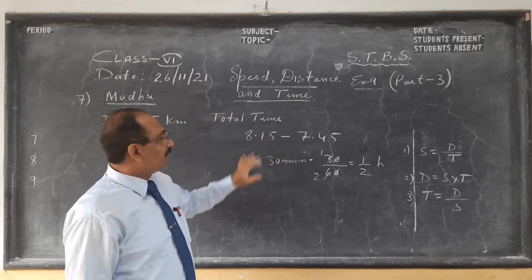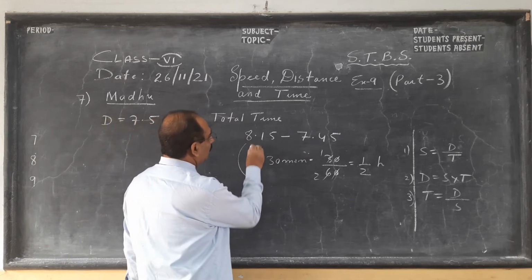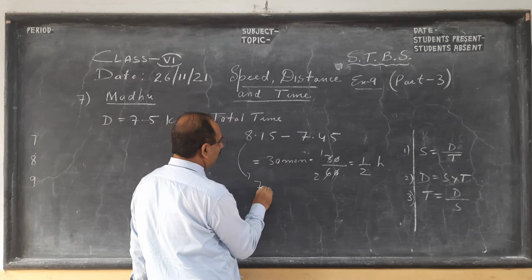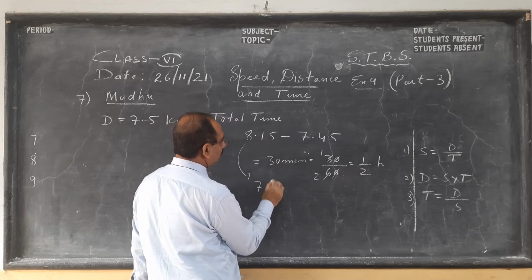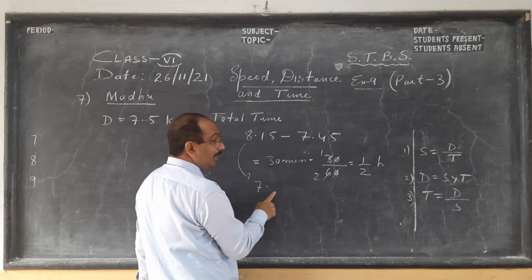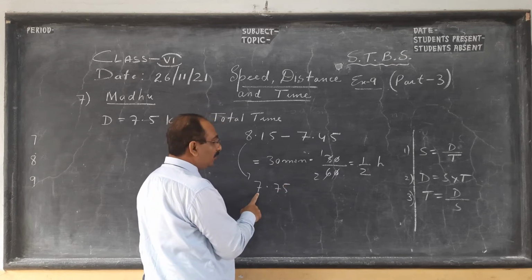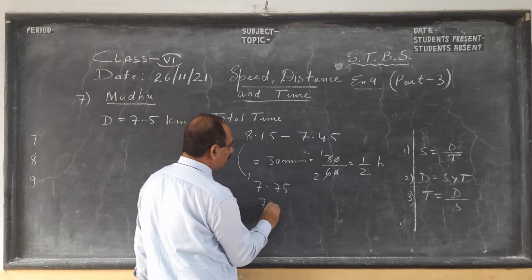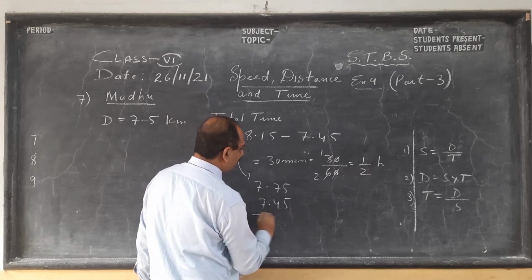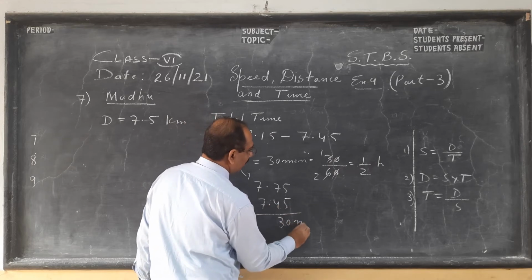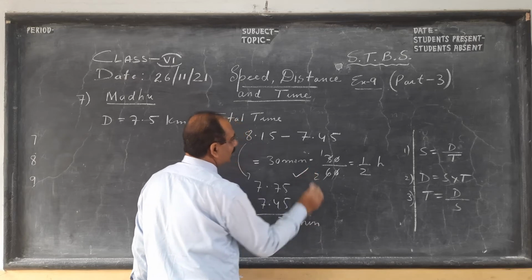Otherwise, one difficult way is to take 7 here and add 60 to this, because 1 hour is 60 minutes. So this becomes 75. From 7 o'clock, 75 minutes more. Then you subtract 7:45 and you will get 30 minutes. But generally this common sense is better.